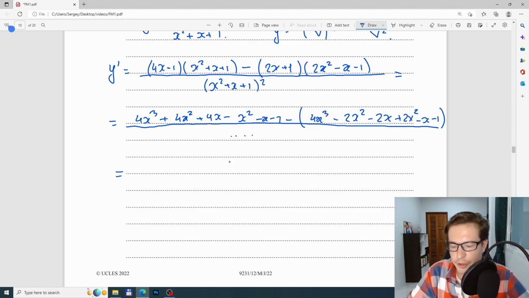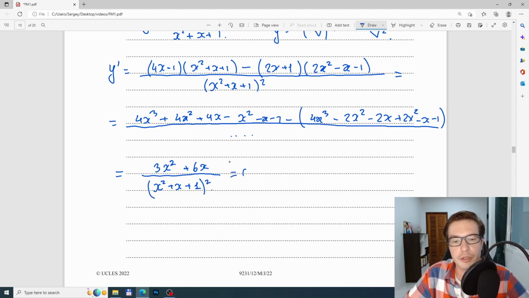Okay, so now simplify all of that, and we will get 3x squared plus 6x over x squared plus x plus 1, squared.